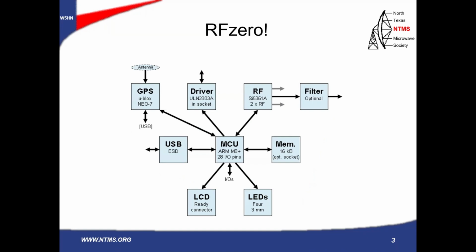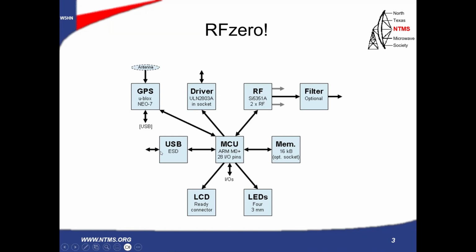So here's how it lays out. There is a central microcomputer processor. It's called M0 Plus. This is probably not new knowledge for some of you, but it's basically going to have Arduino capability to have 28 I/O pins. That's in the center of this topology.